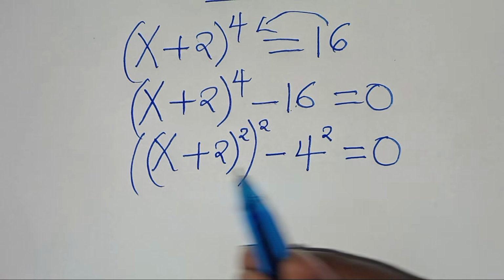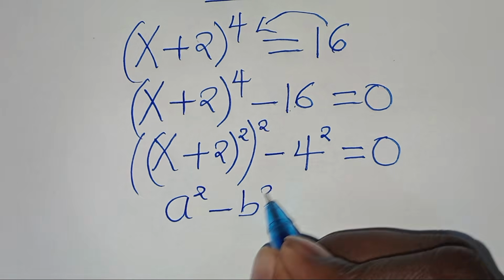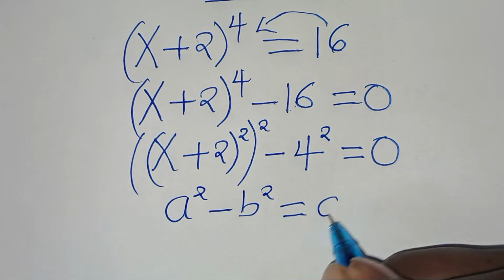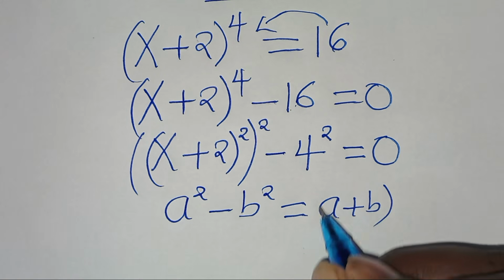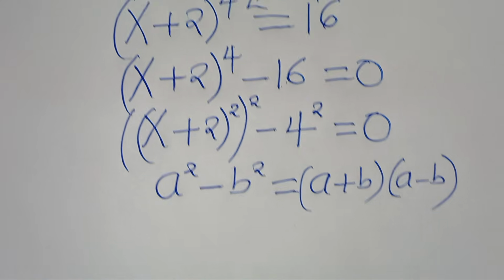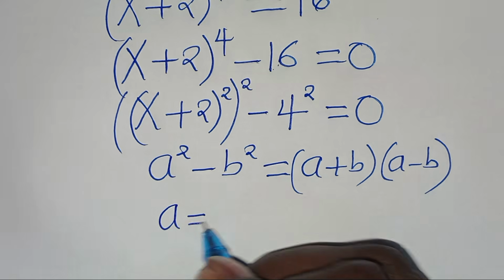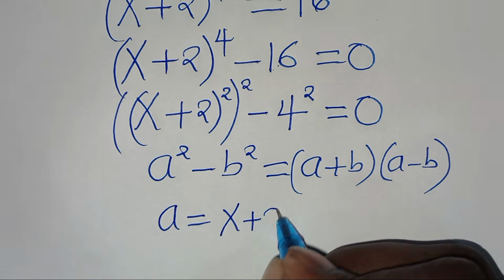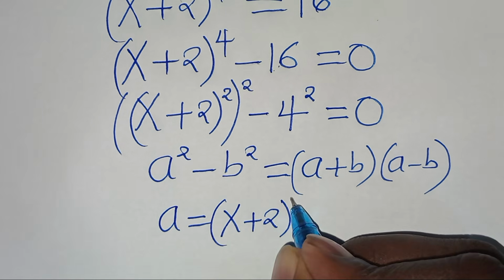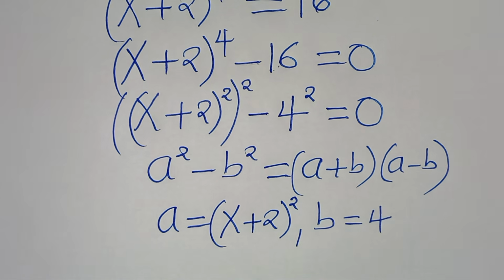Now, this equation is of the form a^2 - b^2, which we can express as (a + b)(a - b). Here, a is equal to (x + 2)^2, and b is equal to 4.